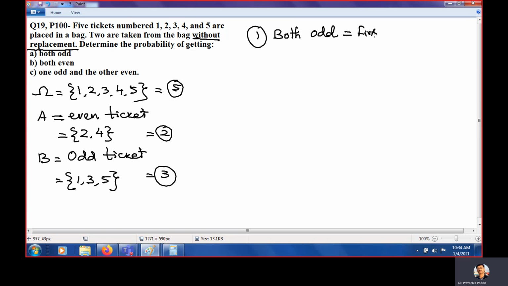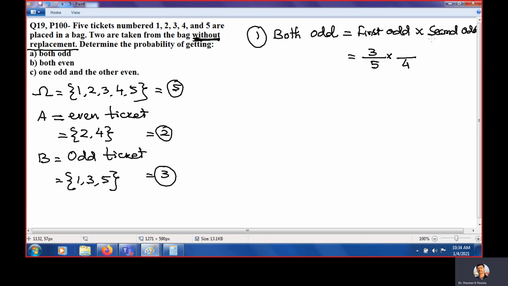So first odd and second odd. First odd. How many total tickets? 5. How many odd? 3. 3 upon 5 into. Now it is without replacement. Without replacement means now for the next ticket denominator will be 1 less because 1 ticket we have already drawn.